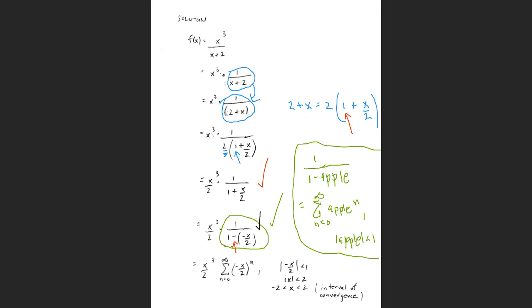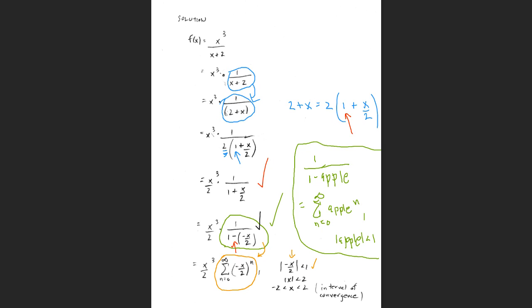And so I can change that part of the function into an appropriate power series, where the common ratio is negative x over 2. Common ratios can be negative also, right? But remember, we require that the absolute value of the common ratio be less than 1.